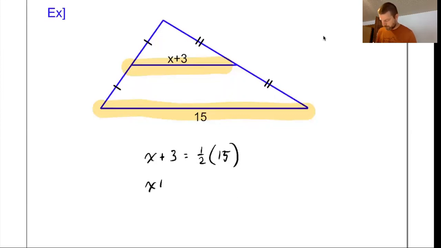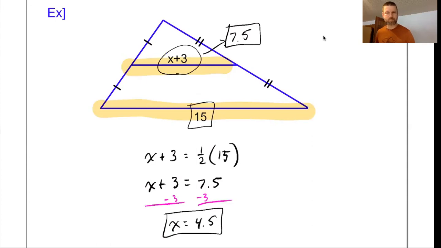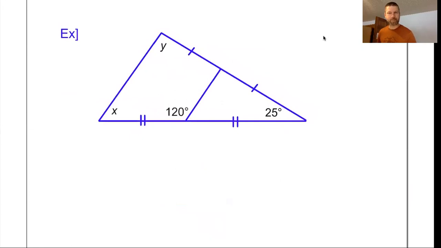Then x plus 3 is going to equal 7.5 because half of 15 is 7.5. To get rid of that plus 3, we subtract 3 from both sides. x is going to be 4.5. That's the length of x, which means this x plus 3 is 7.5, which should make sense because 7.5 is half of 15.